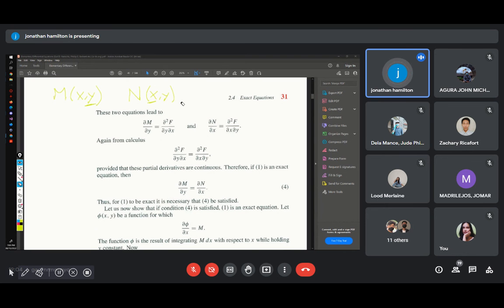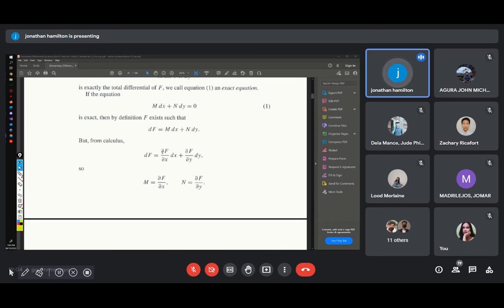If we remember earlier, if you observe, the partial derivative of f with respect to x is equal to M, and N is also the partial derivative of f with respect to y. If the equation is exact, we can find the general solution through one method only, which is that we could solve from one side of the equation or the other side.